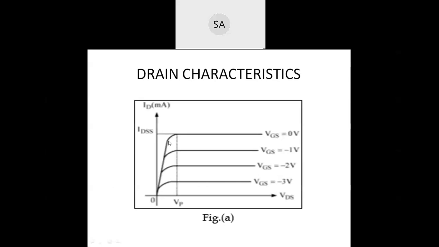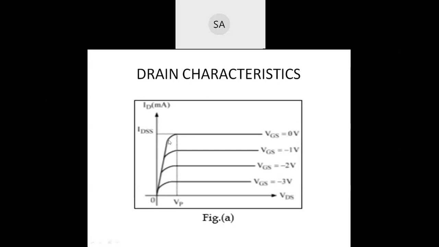curve B. In this period the current does not increase proportionally. The current increases, but slowly, obeying the inverse square law.